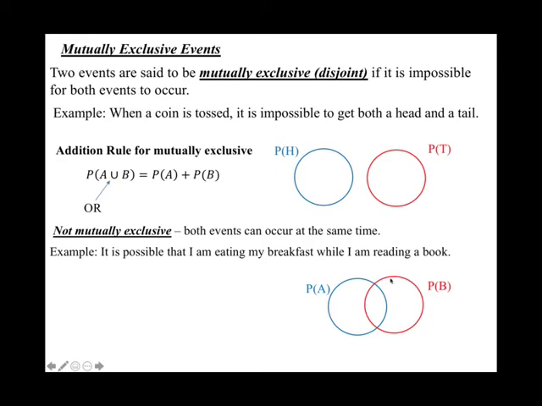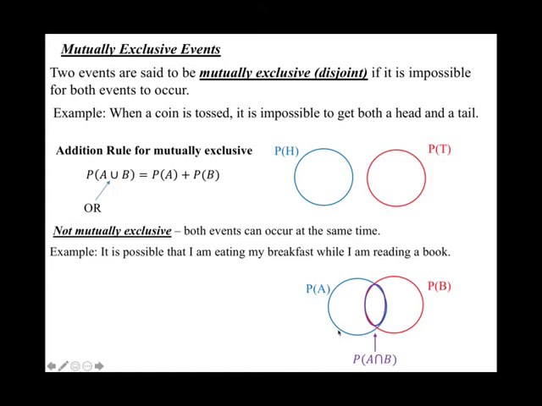You can see we do have an intersection here. This part is the probability of eating my breakfast while I'm reading a book. Both events happen at the same time.